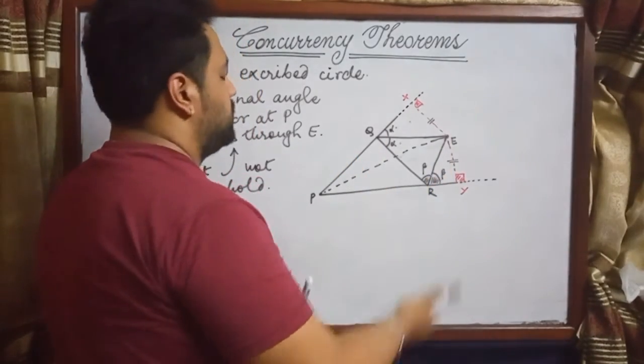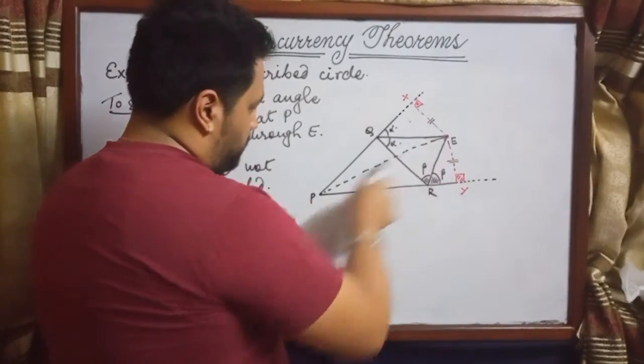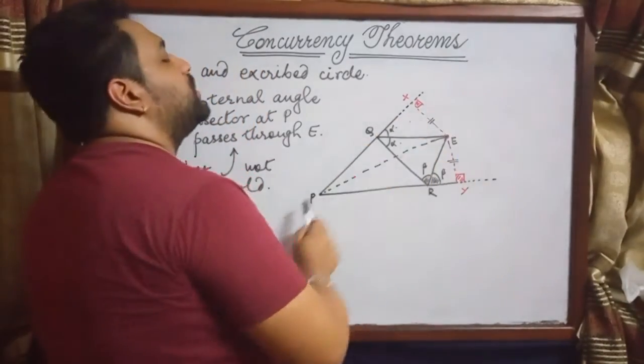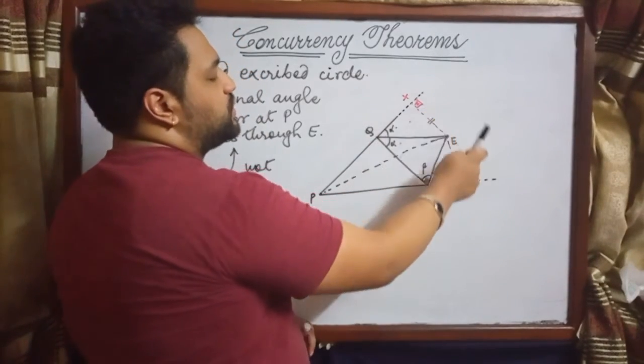Number one, the hypotenuse of the two right angle triangles is equal, since this is a common side to both the triangles. And by our previous discussion, these two sides are equal.